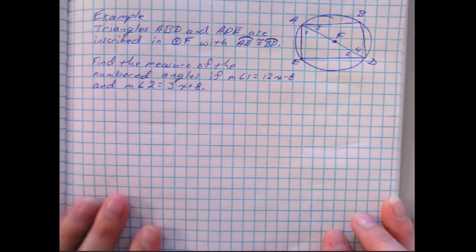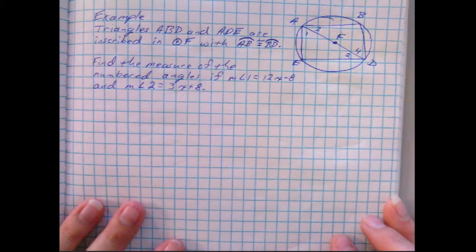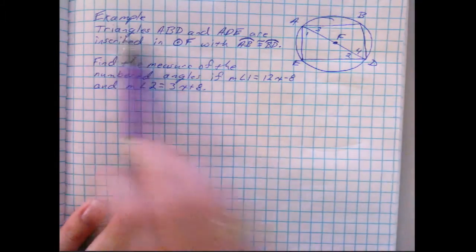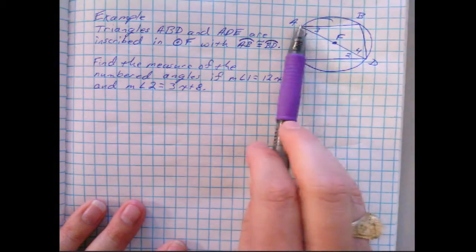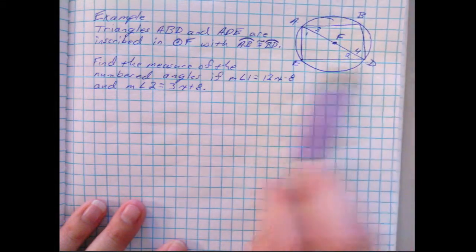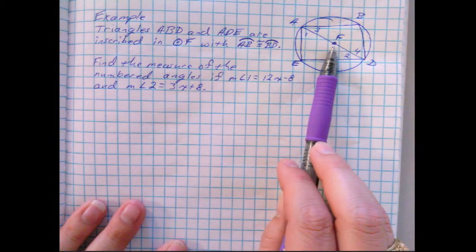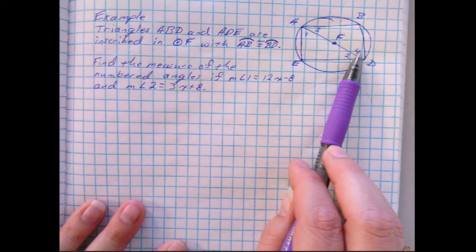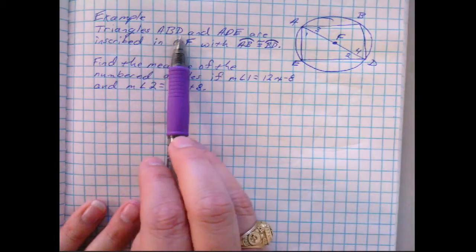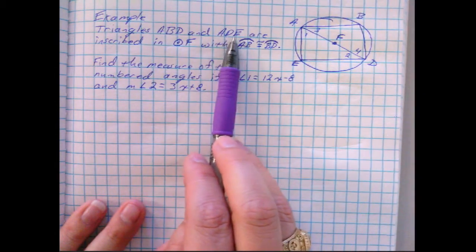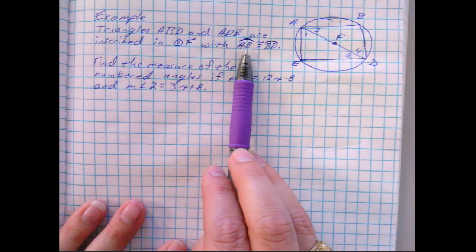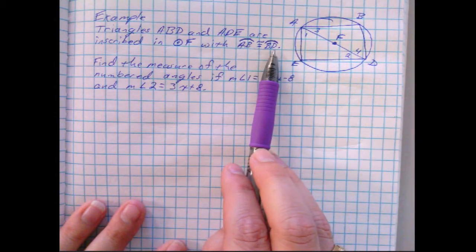Okay, so we have another example here that we're going to work on. This does happen to have some diameters in it, so we can work with that semicircle piece. So we have our circle here. We have A, B, D, E, and our center is F, and then we have angles 1, 2, 3, and 4. So triangle ABD and ADE are inscribed in circle F, with AB and BD being congruent.